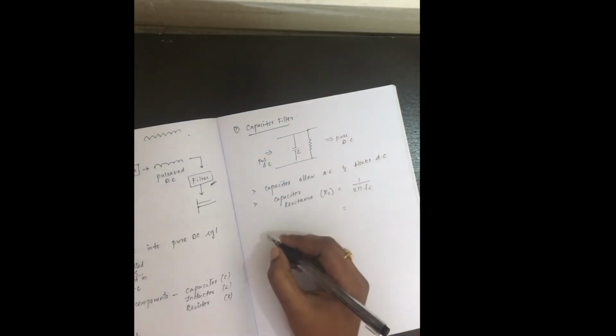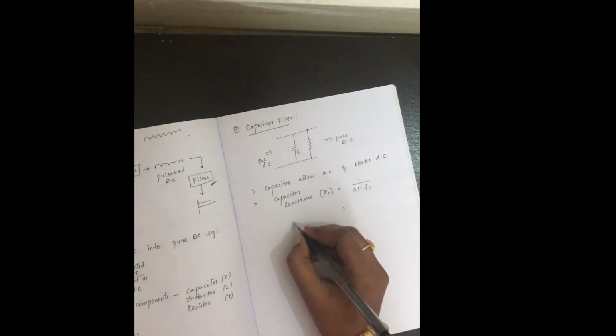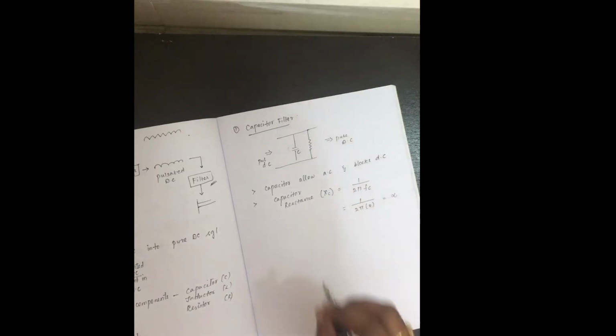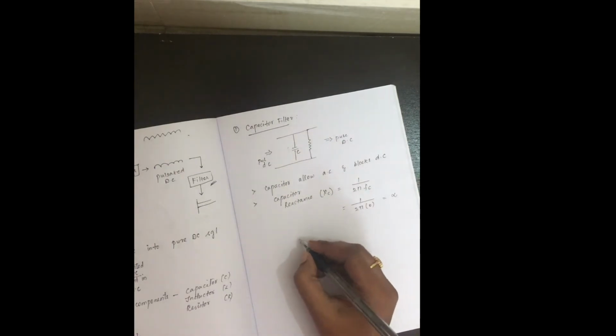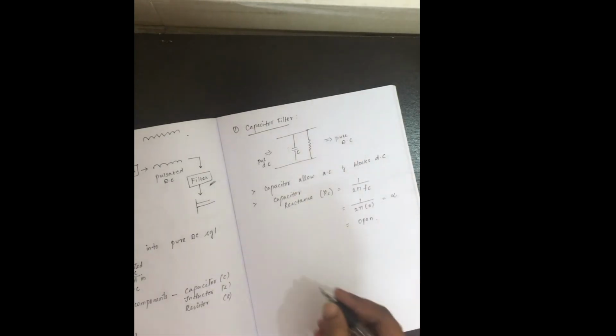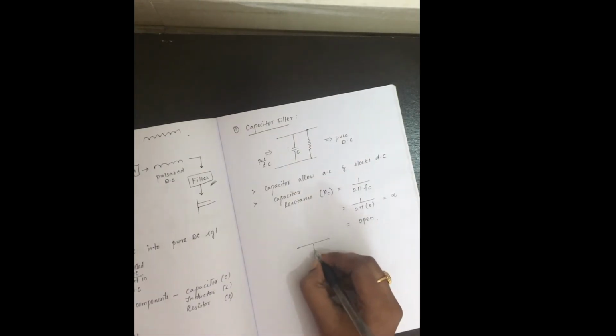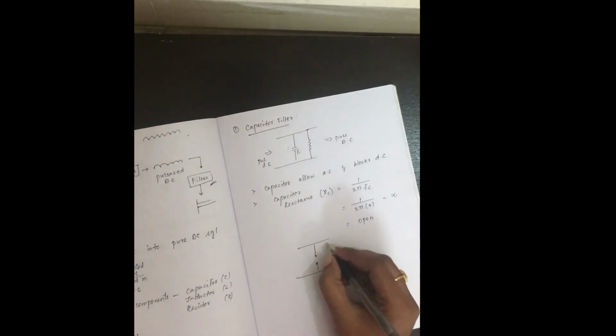Here for DC signal the frequency is 0. So 1 by 2 pi into 0 is infinity. When the capacitor reactance is infinity, this capacitor will go open. So for DC signal, the capacitor will act as an open switch.